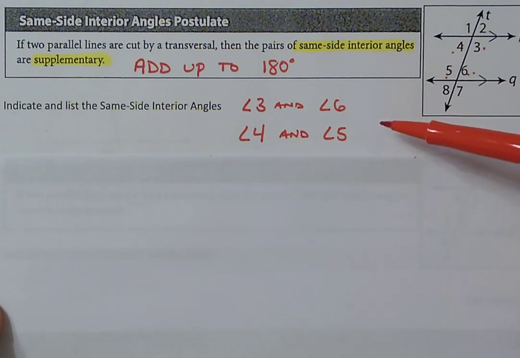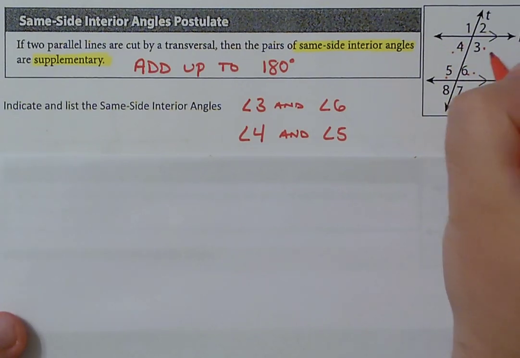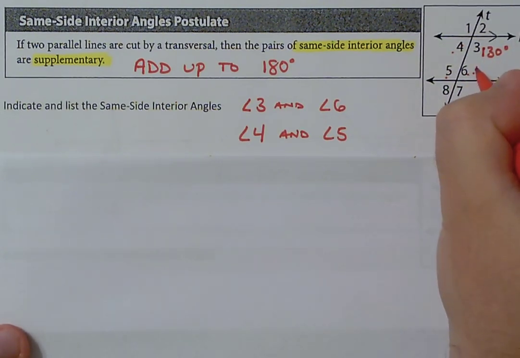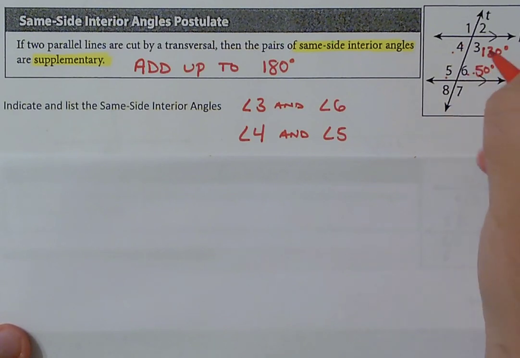Same side interior are supplementary, so these pairs, 3 and 6, 4 and 5, are supplementary, and they add up to be 180. If I knew, let's just say for example, that angle 3 was 130 degrees, that means I would know that angle 6 is 50 degrees, because these two have to add up to be 180. So if angle 3 is 130, angle 6 has to be 50 degrees.